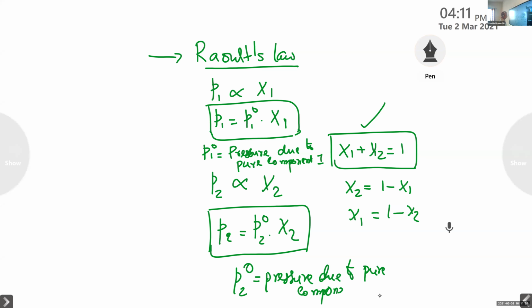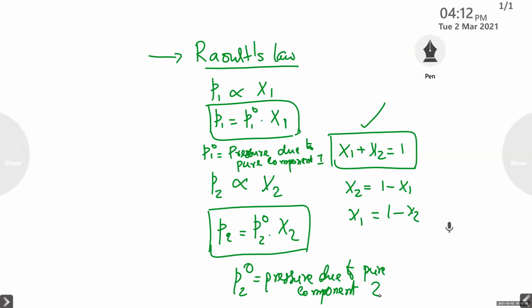That means these are not solutions. Only component 1 or component 2 is there, and therefore that value will be a constant. P10 is a constant, P20 is another constant at constant temperature. These are the proportionality constants.